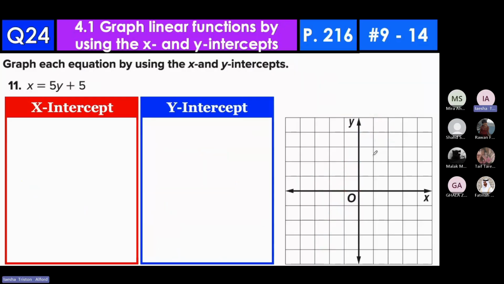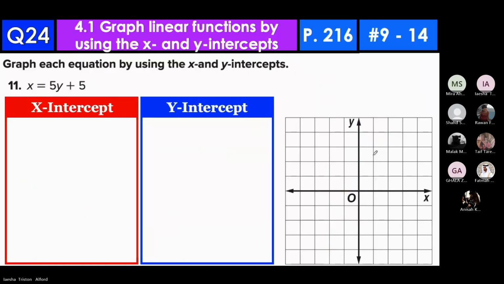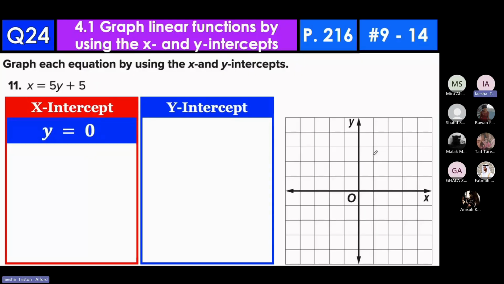Number 11. You guys still there? Okay. So we have the x-intercept. Y is going to be equal to 0. Write the equation. You are not writing y.